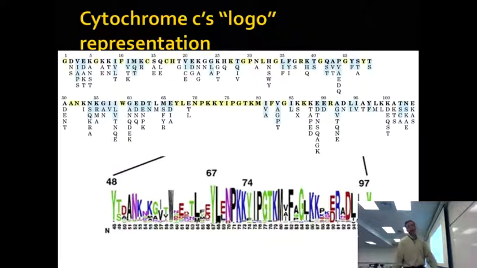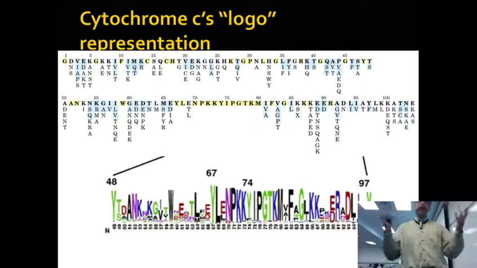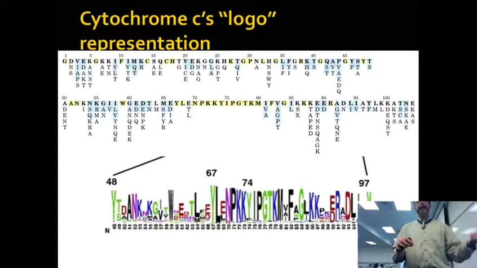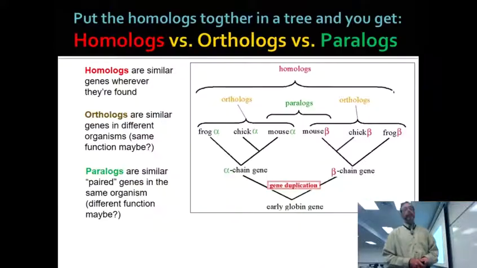The invariant yellow residues show up as big single letters or almost single letters in this logo's representation. Now this logo was actually made by a different set of sequences. That shows you again just how robust our finding is, that this sequence here, 70 to 80, is always the same in cytochrome C.